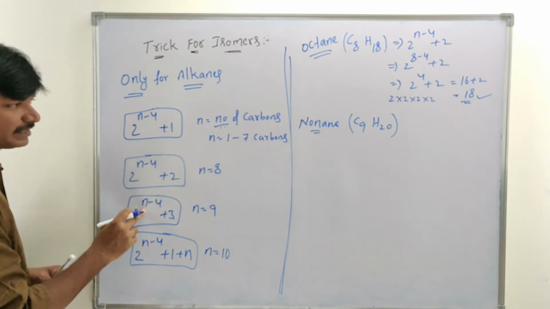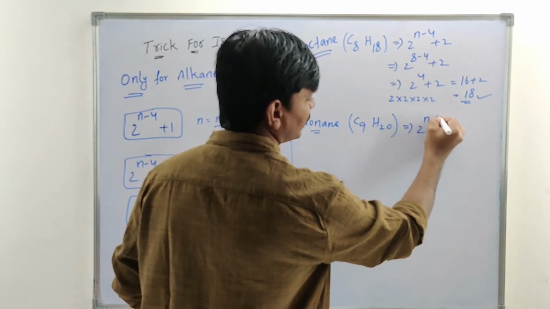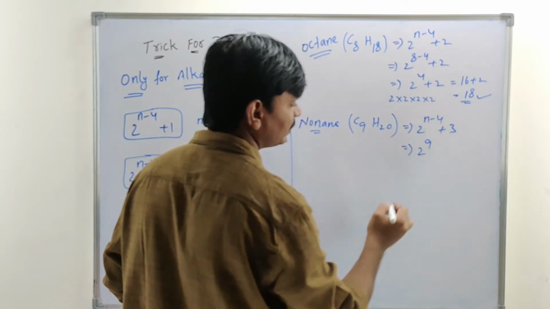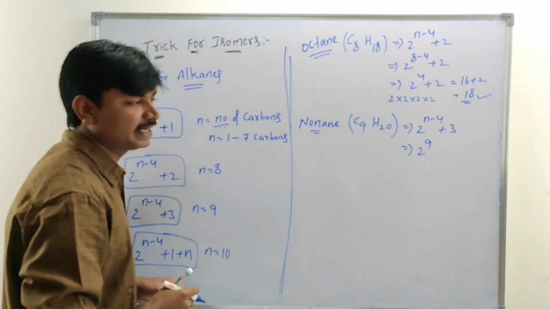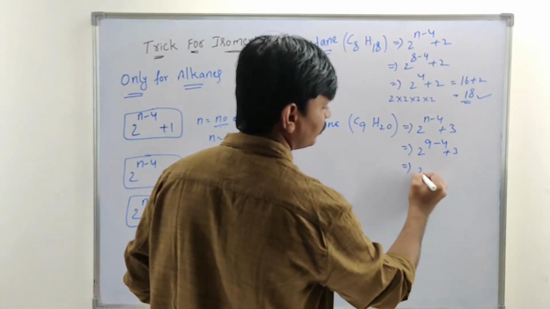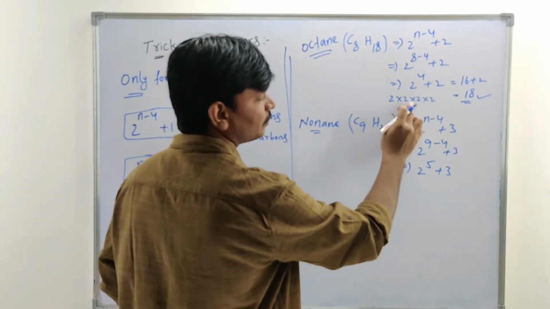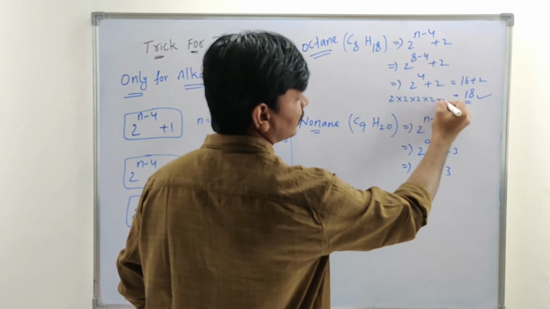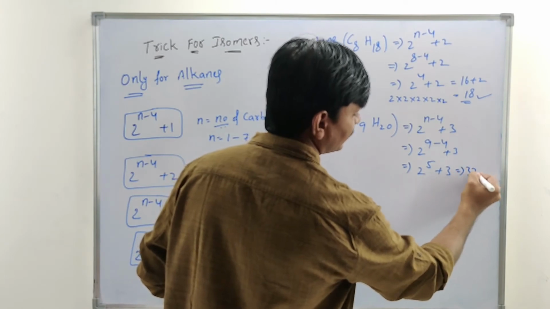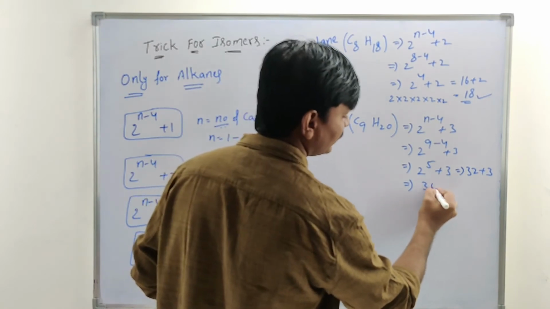Here n equals 9, so 9 minus 4 plus 3: 2 power of 5 plus 3. 2 power of 5 means 16 into 2, that is 32. 32 plus 3. Total isomers for nonane equal 35.